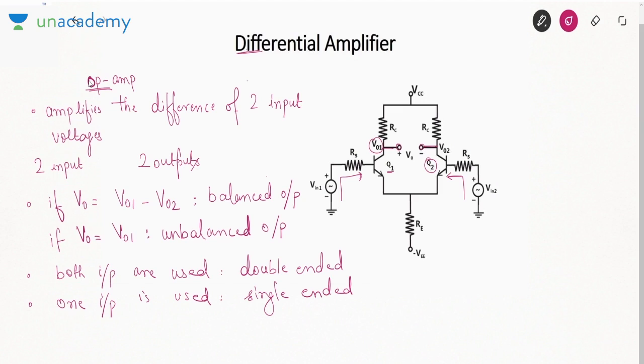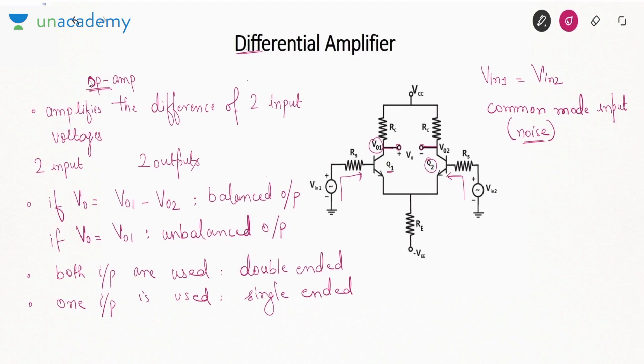Now if Vin1 is equal to Vin2, it is called common mode input. Common mode input implies the input signal is common to both the input terminals, and that is most probably noise. Okay, because whenever there is noise in the system, it won't see which terminal the noise is entering.